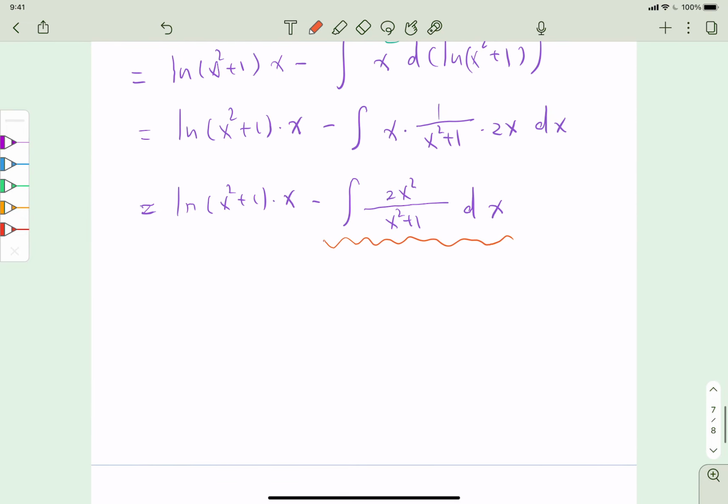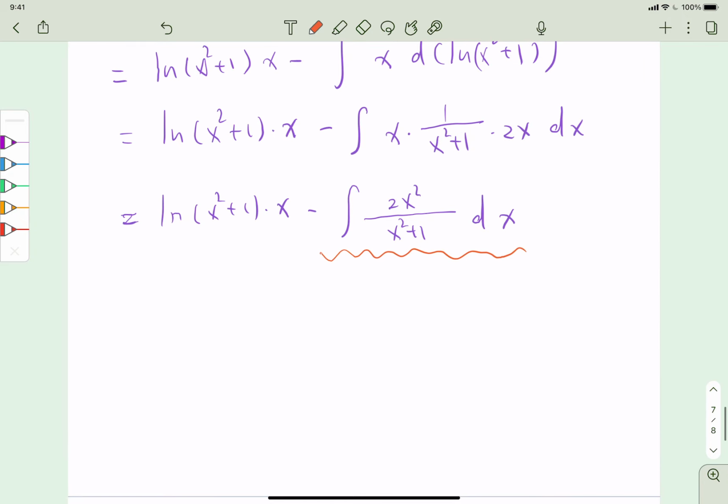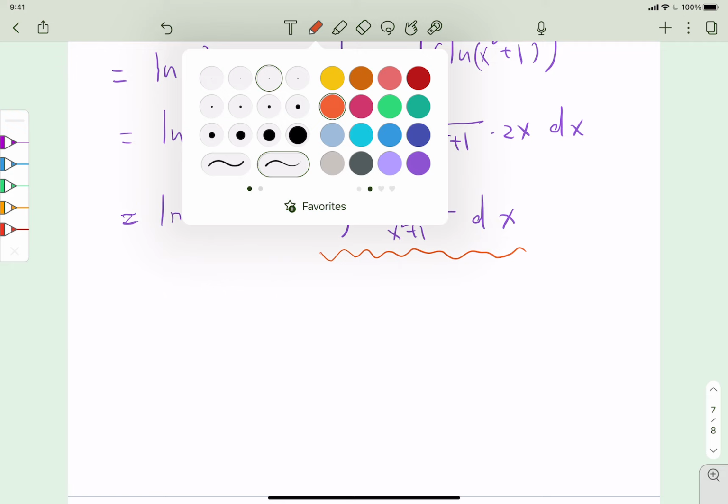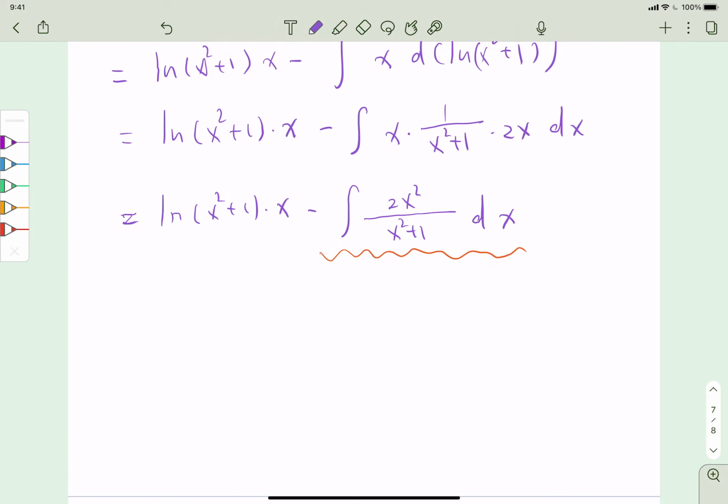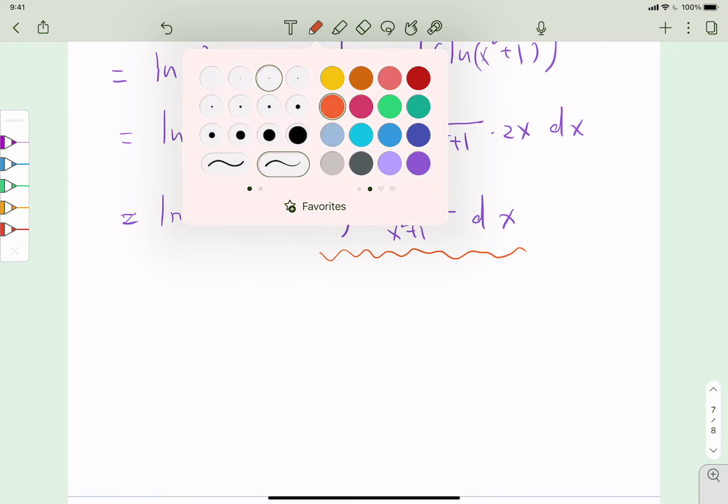So this is a rational function, right? The hint says you simplify this. Just split this term in the numerator so that you can create something where there's only a constant in your numerator. So let me write this out.